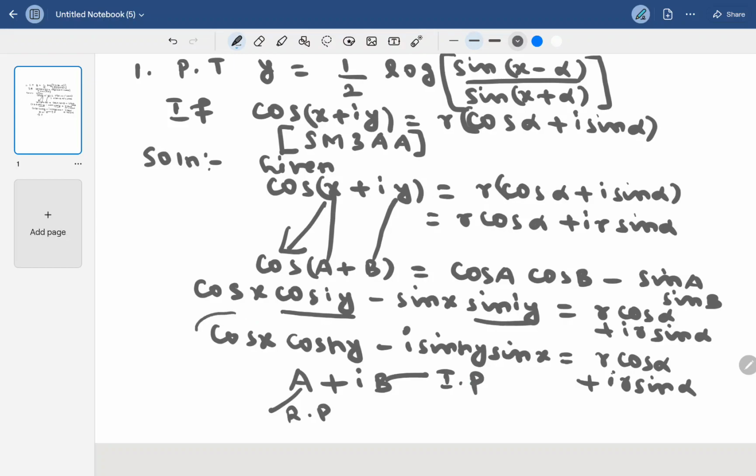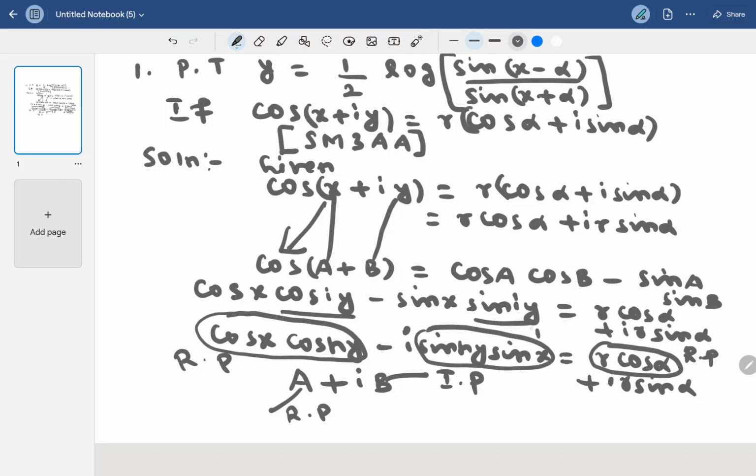Here cos x cos hy is the real part on LHS, and r cos alpha is the real part on RHS. Sin hy sin x is the LHS imaginary part, and r sin alpha is the RHS imaginary part.